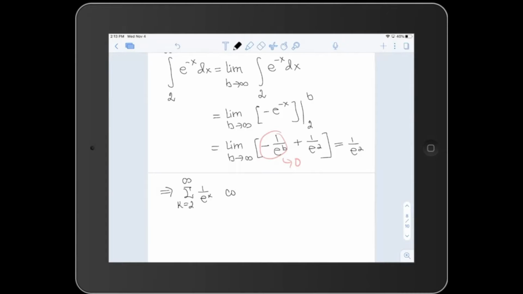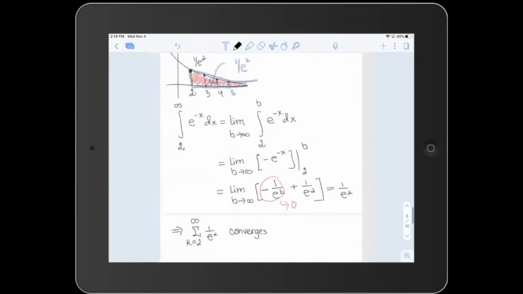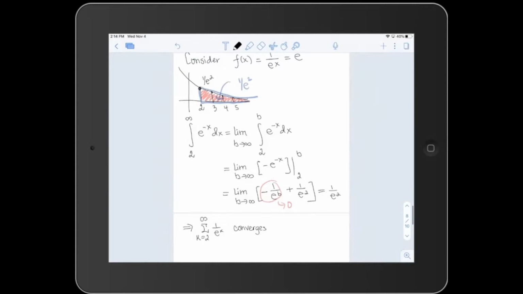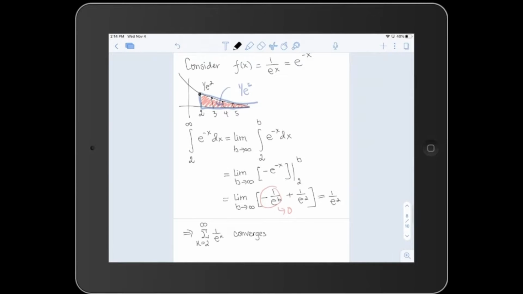This is convergent. Not to that same value. That's not what the integral test is telling us. It does not tell us where that converges to. It just says that the integral is convergent, so is the summation.